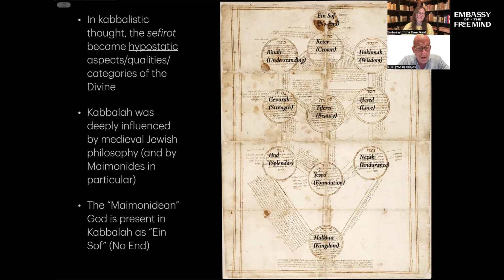The Kabbalists all read Maimonides, and they have Maimonides looking over their shoulders when they talk about the Sfirot. And if any of you know anything about Maimonides, this is news to you, you're thinking, how is that possible? How could a Kabbalist possibly pay homage to Maimonides, who would have thought everything they were doing was idolatrous?